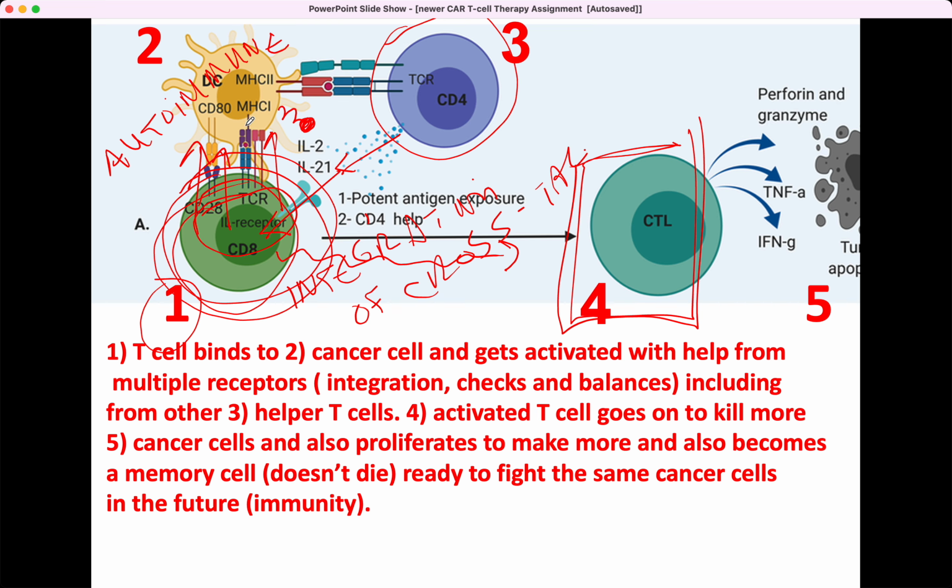So the plan in CAR T cell therapy is, let's take these cells out of the body, blood, removing blood cells like donating blood, getting these cells, and making a super receptor, having a super receptor gene we can put in that'll make a super receptor that combines all these into one. So instead of requiring that integration and crosstalk and care, we just make that thing go after it with a great and easy activation.